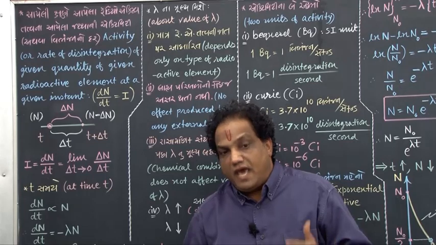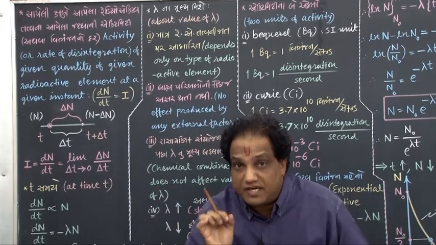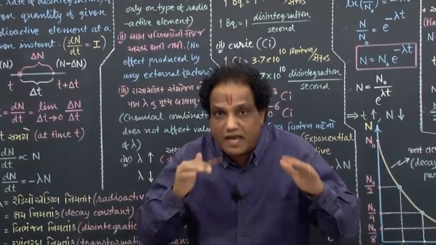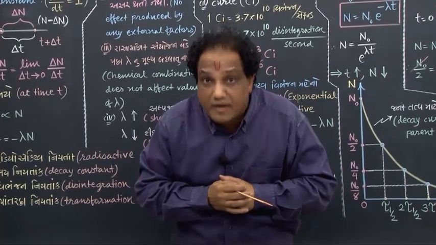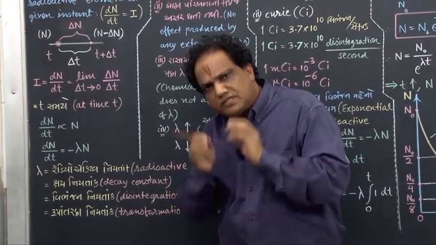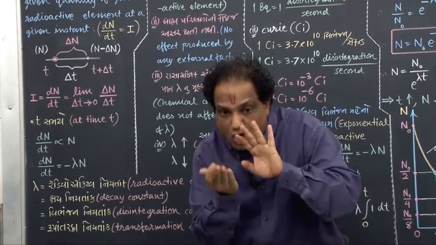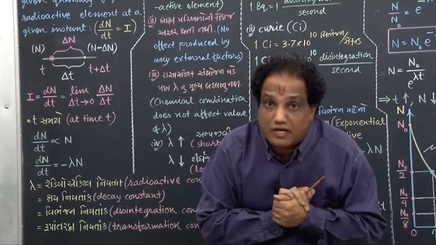Now you know, as the radioactive element disintegrates, it emits alpha and beta particles and gets transformed into daughter element, correct? So in this much time interval, suppose delta N number of parent atoms have been transformed into daughter atoms.